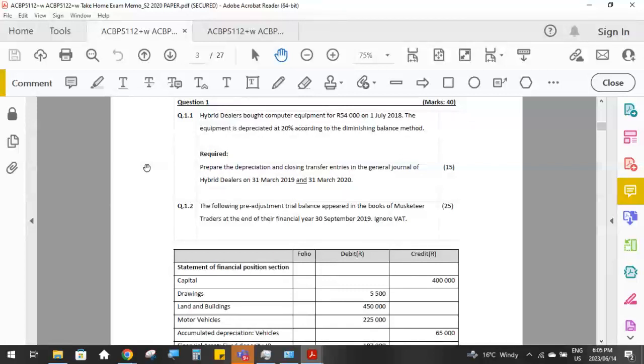So the version that I revise with you might not always be the exact same version that the head office has uploaded on the past exam papers portal. They only upload 1 paper for each year.